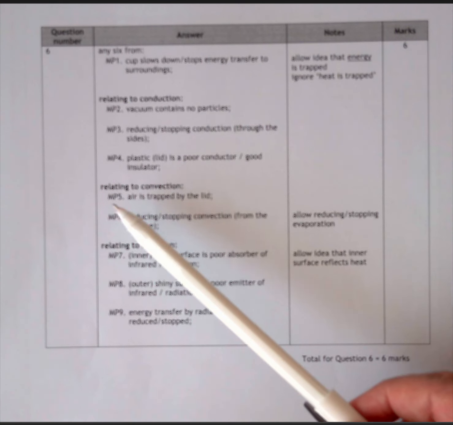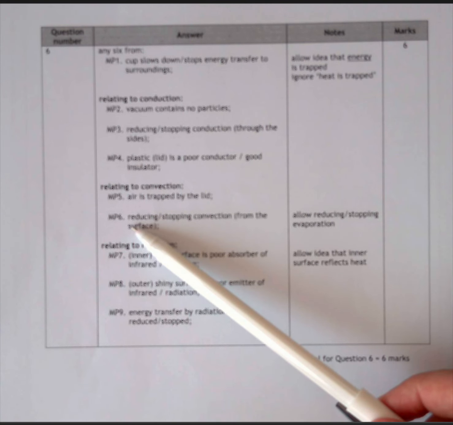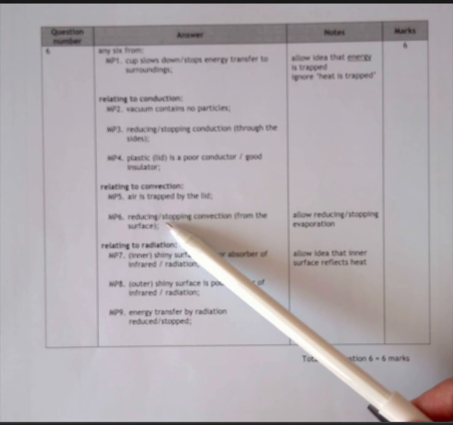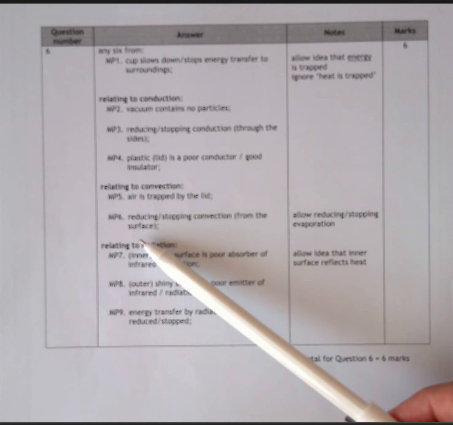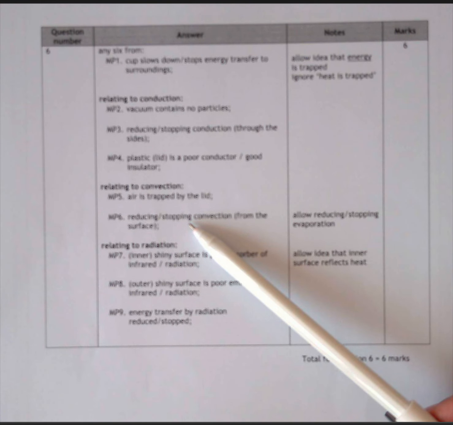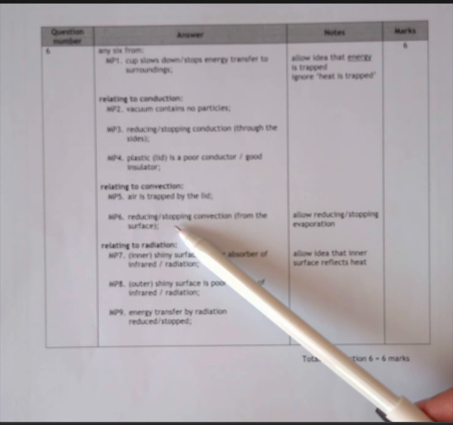The next part is relating to convection. Air is trapped by the lid, which reduces or stops convection. I would put reduces, but it does actually stop a lot of the convection from the surface. Convection happens in fluids by the hot air rising, and the hot liquid will heat the layer of air above it by just conduction, by touching.